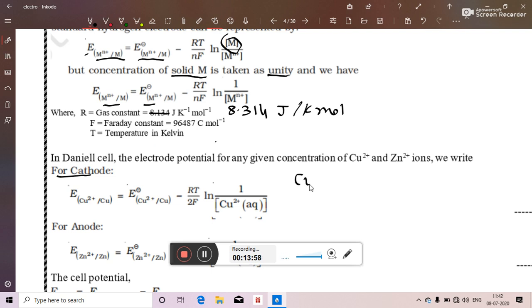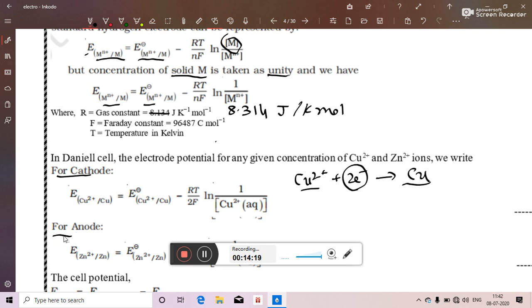The reduction reaction of copper ion is Cu2+ plus 2 electrons gives Cu. n is the number of electrons gained or lost, so here it is 2. So RT upon 2F, natural log of right upon left, so Cu upon Cu2+. Now the concentration of Cu is 1, so 1 upon Cu2+.